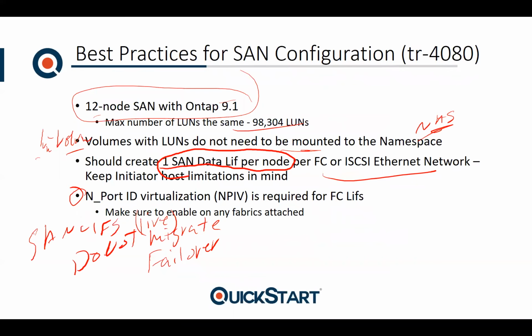The WWPNs in this case are assigned virtually to those Fibre Channel LIFs. Thus, NPIV, N_Port ID Virtualization, has to be enabled for this configuration to work. So that means that your fabric has to be enabled for NPIV in order to work with NetApp storage, again, if we were doing clustered Data ONTAP, of course.